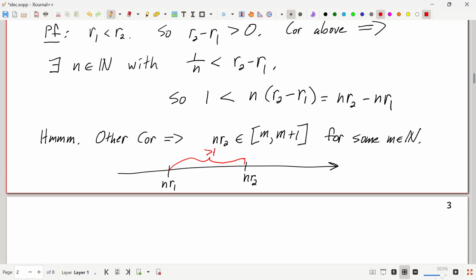So if I go backwards, this thing right here is m to m plus 1.